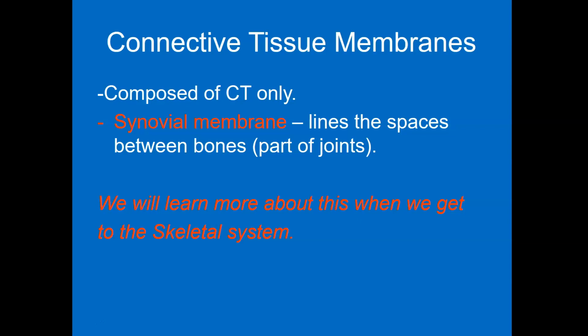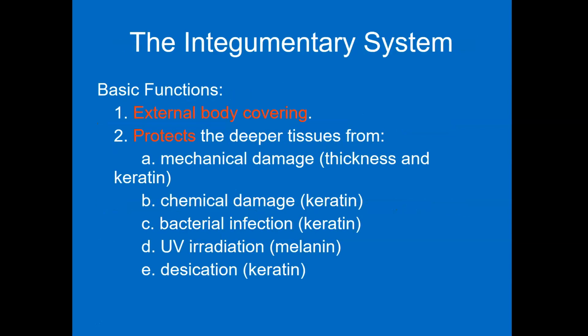But as long as you maintain a healthy lifestyle, a healthy weight, a healthy diet, these synovial membranes can continue producing fluid throughout your life and keep you happy and healthy. We are going to learn a whole lot more about this when we hit the skeletal system, but for now, you just need to know that a synovial membrane lines the spaces between joints and produces that synovial fluid.